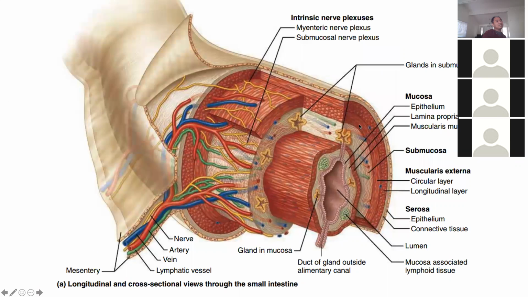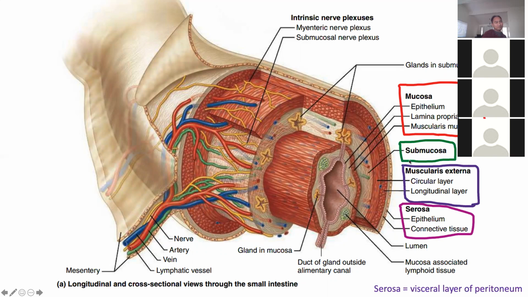And the same thing, the intestine: we have 3 layers, innermost mucosa, middle layer muscularis externa, and outermost serosa layer. Of course, the mucosa layer is made of epithelial cells and the lamina propria. Underneath the mucosa, we have another layer called submucosa.